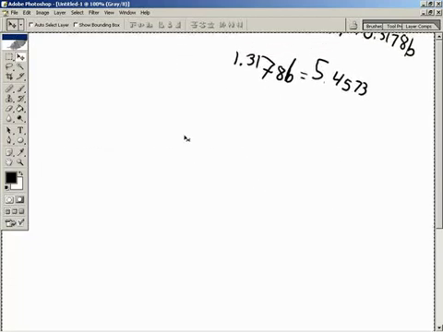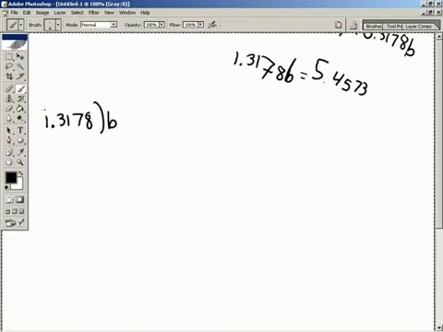So again, once again, I'll just slide this whole thing up. And we have that 1.3178 times b equals 5.4573. You divide both sides by 1.3178, so that becomes a 1.